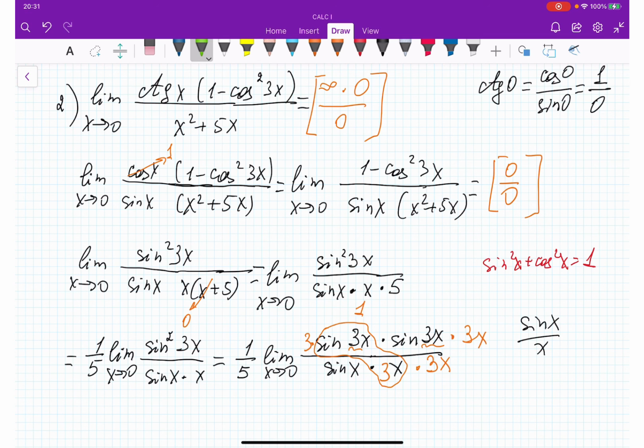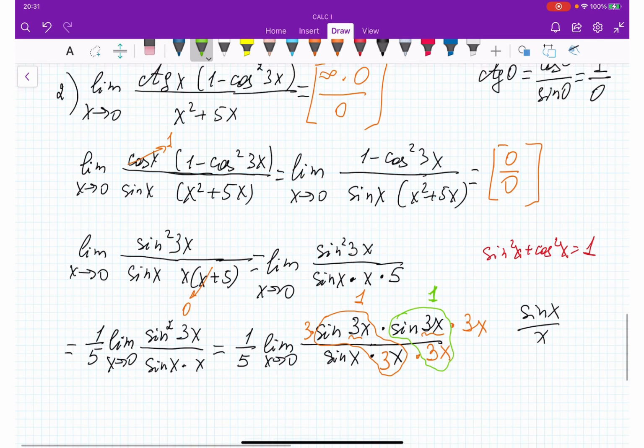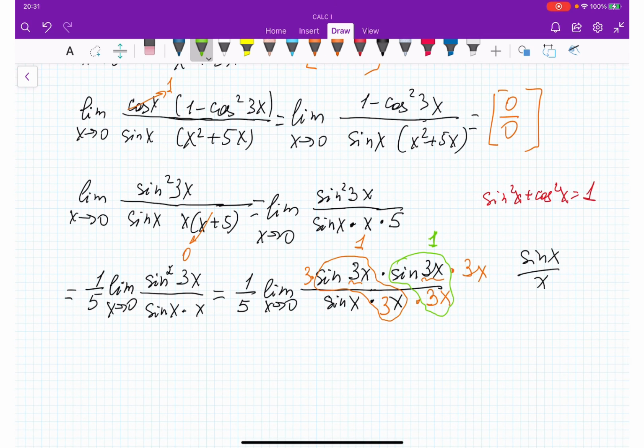And then sine 3x divided by this 3x is going to be another 1. Hold on. Sine x here, and I have this x here also. So that will be another 1.